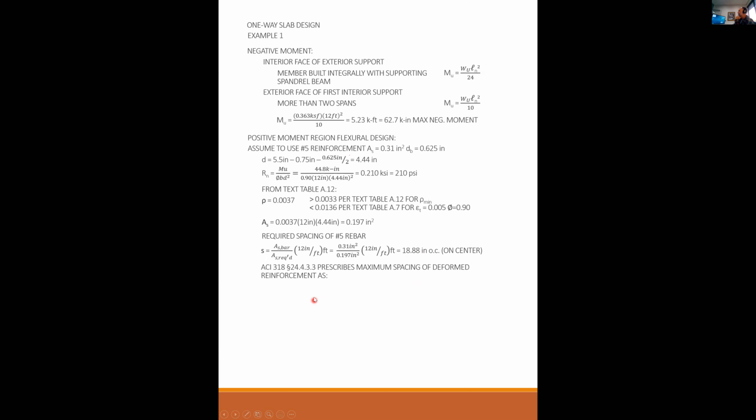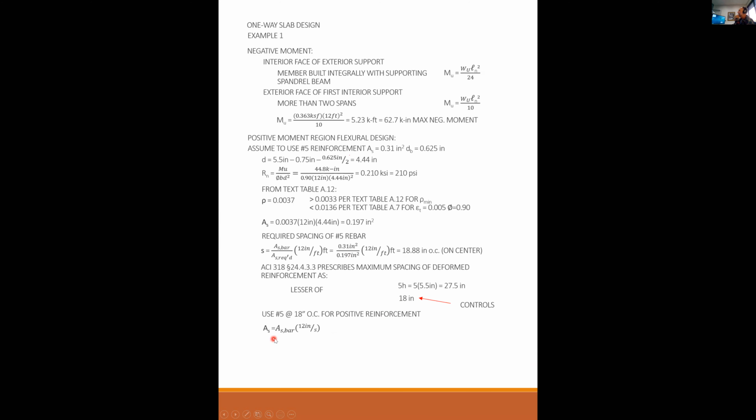But ACI 24.4.3.3 prescribes maximum spacing of the deformed reinforcement as the lesser of 5 times the slab thickness, or, well, 5 times 5.5 is 27.5 inches, or 18 inches. 18.88 is more than 18 inches, so I got to put my spacing at 18 inches. So for positive reinforcement, we're going to put number 5s at 18 inches on center.